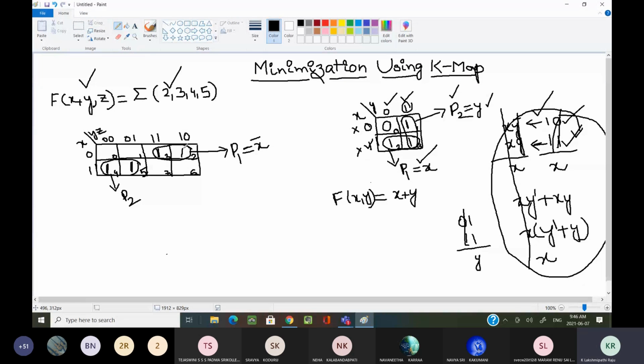Y is common and Z is varying. For those who are not understanding this map, I can write these terms here also: X bar, X, Y bar Z bar, Y bar Z, YZ.